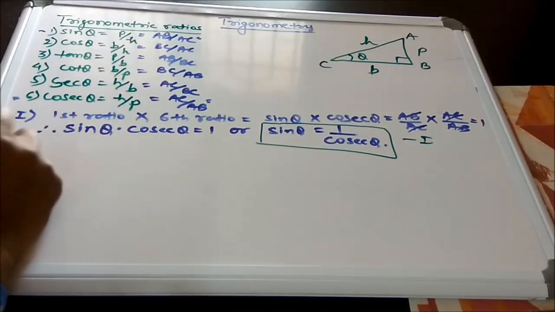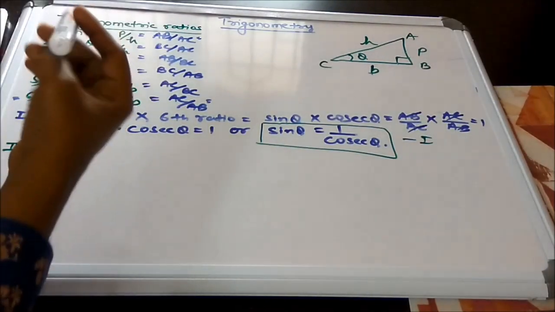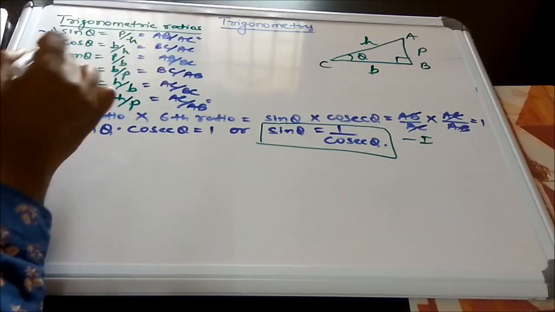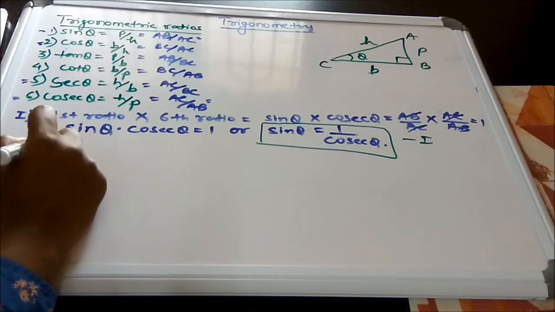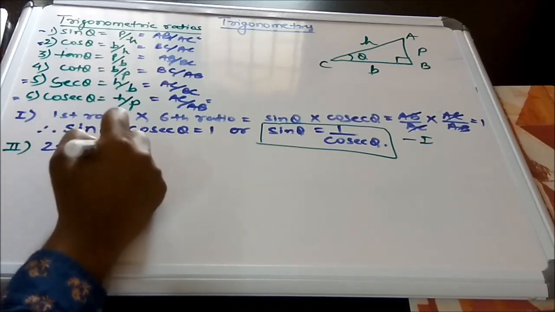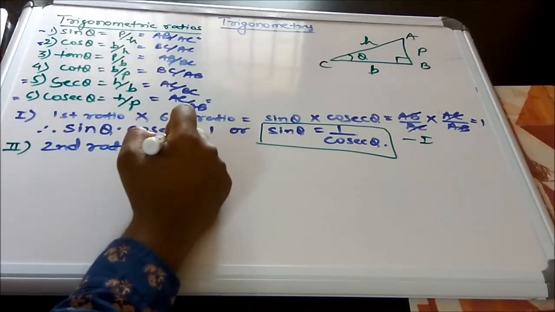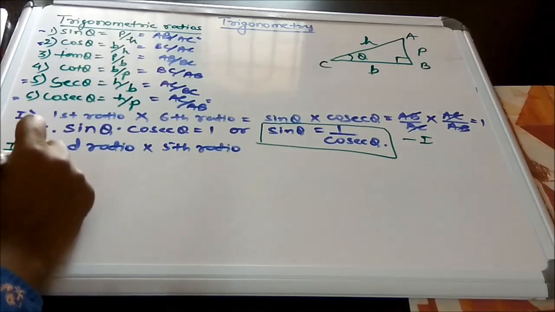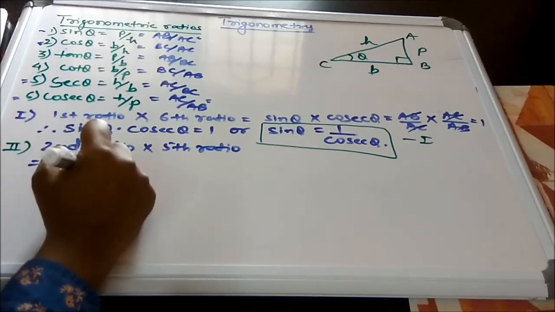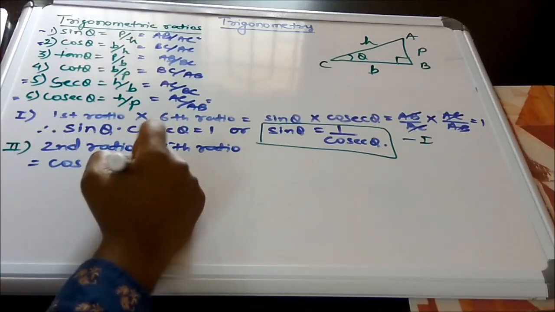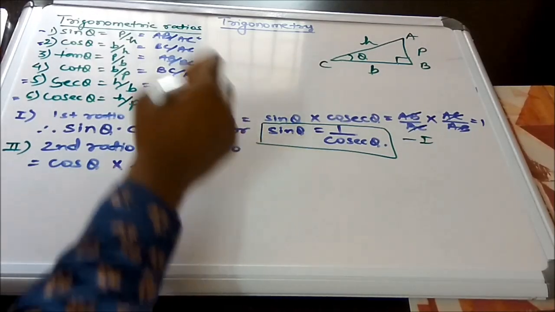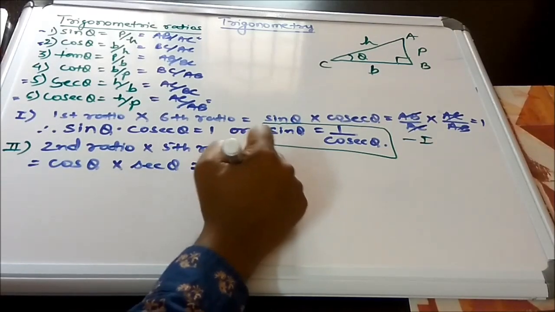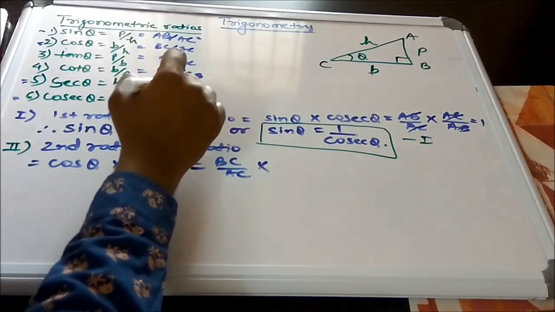Now our second relation, you just multiply the second ratio, that is cos theta, with fifth ratio, that is sec theta. Second ratio into fifth ratio equals cos theta into sec theta. Cos theta was BC by AC, sec theta was AC by BC.